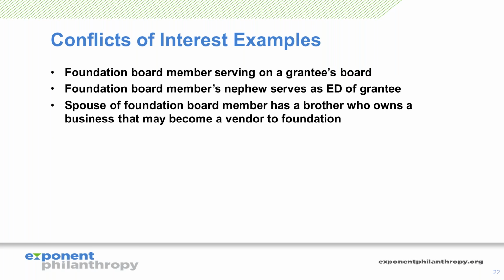So here are examples. A foundation board member serving on a grantee's board. It's not a financial conflict of interest. This is a conflict where, should the foundation be making a grant to a grantee where there is an overlap among board members. The foundation board member's nephew serves as an executive director of a grantee. Again, this is not a self-dealing issue because of the sibling exception.